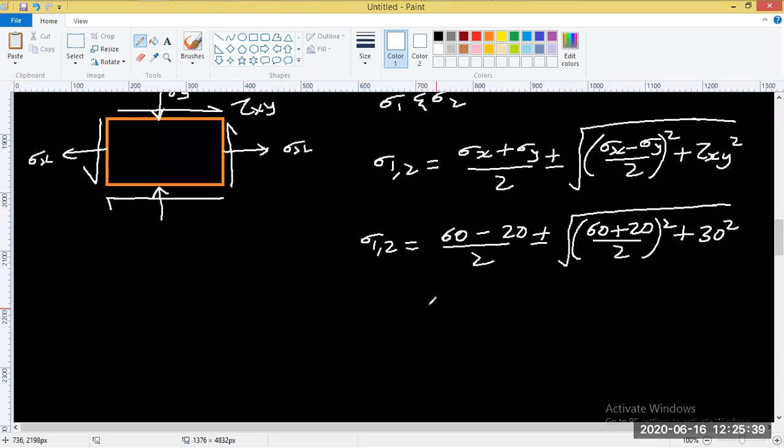So let's solve this equation. You get 40 by 2 is 20 plus or minus. Solve that also. 60 plus 20 over 2 squared plus 30 square. The root of that is you get 50.